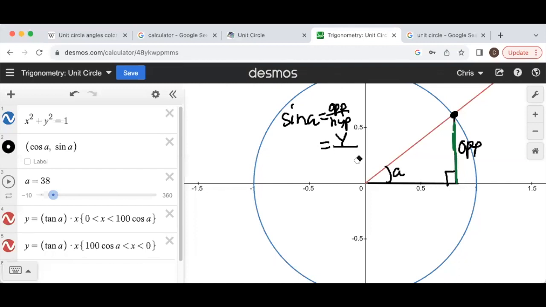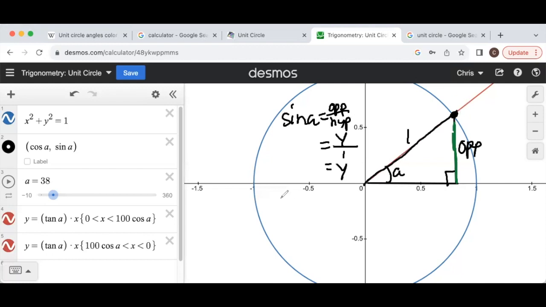Well, the hypotenuse of the triangle is this line here. That looks like the radius of the unit circle. Do you remember how long the radius of the unit circle is? It's 1. So this is y over 1, which simplifies to y. So sine is literally just y. Sine is the y coordinate of this point.